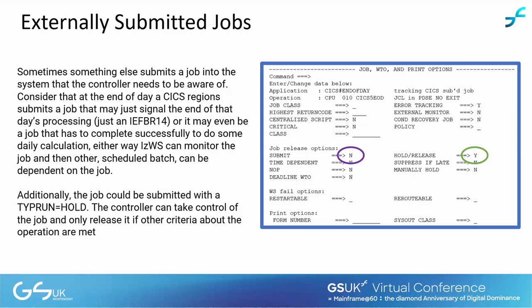So, and you can have other criteria defined on the operation that would prevent the job from running until such a time that you wanted it to. So, for example, where I worked, we have a piece of software that would, when it determined that a disk required defragging, automatically issue a job onto the system to do that.